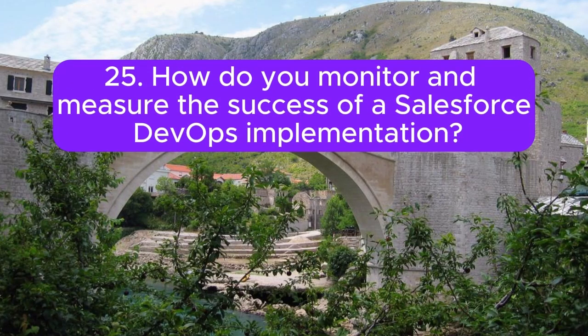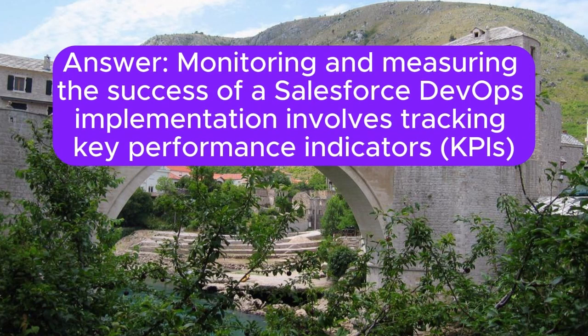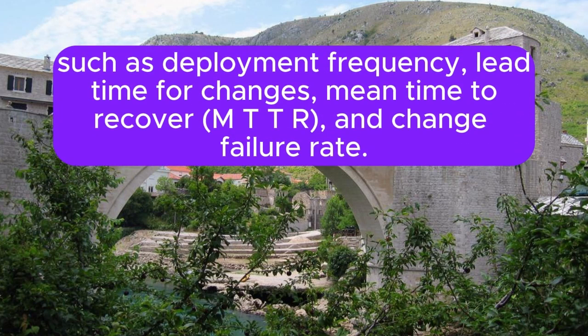25. How do you monitor and measure the success of a Salesforce DevOps implementation? Answer: Monitoring and measuring the success of a Salesforce DevOps implementation involves tracking key performance indicators (KPIs), such as deployment frequency, lead time for changes, mean time to recover (MTTR), and change failure rate.